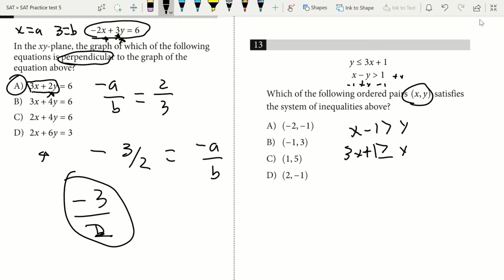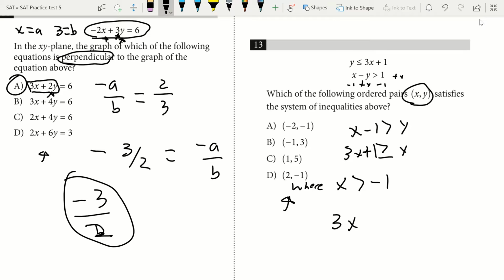All right, so now when I look at this, I see I have all these choices here, but what I want to determine first is which equation am I using at what points, right? So if I look at this, I know that 3x plus 1 is going to be greater than x minus 1 for all values where x is greater than negative 1.